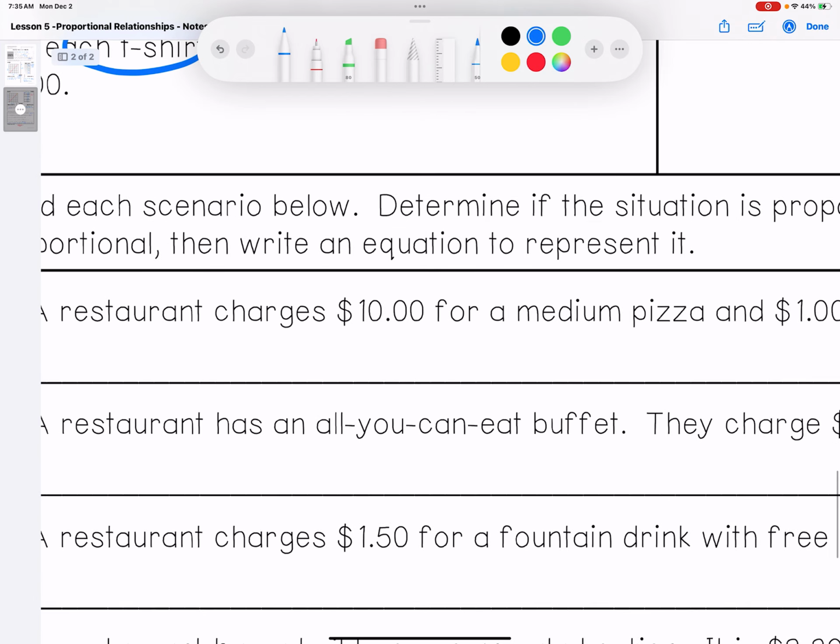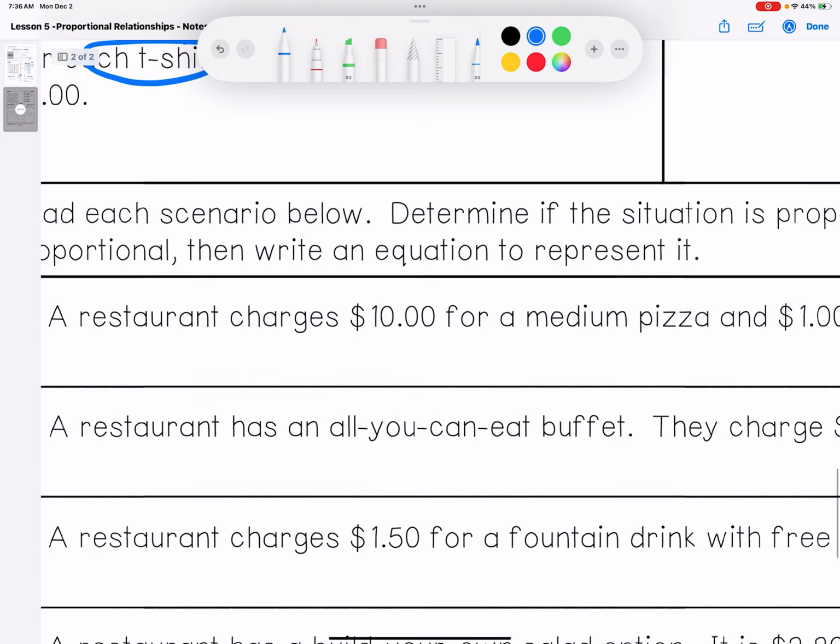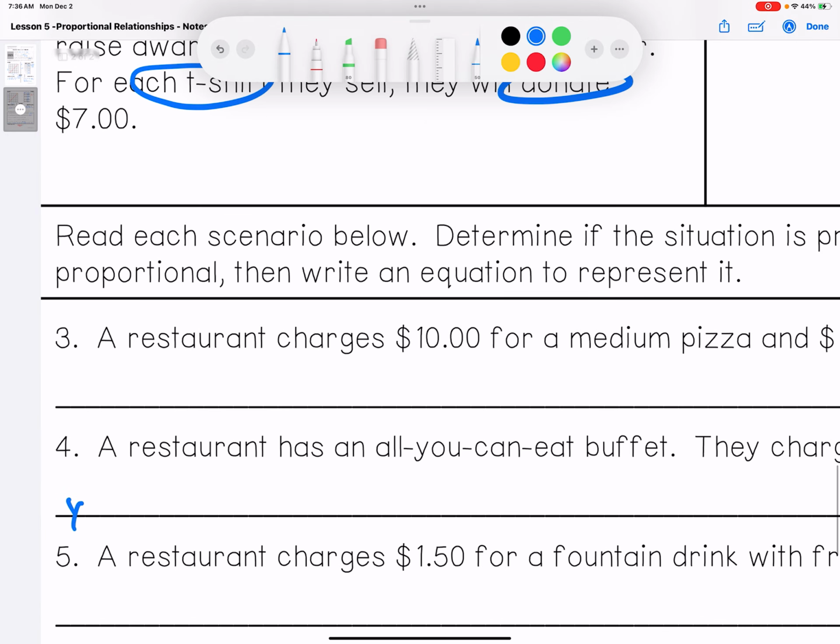So what is the equation? It's going to be Y equals whatever the rate of change is, which is 8.75X. What does Y represent? I'm going to put X above it. If you don't know, let's go over here to the side.